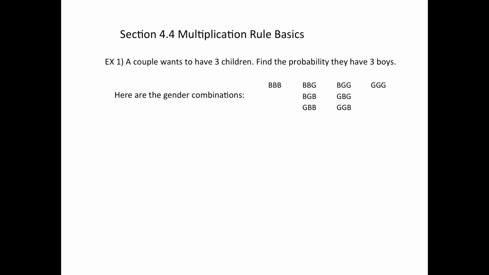So find the probability that they have 3 boys. Well, there's only 1 out of the total of 8 possibilities. That is the long way to do it. The faster way is, if they're going to have 3 boys, that means it's a boy, and then a boy, and then a boy.